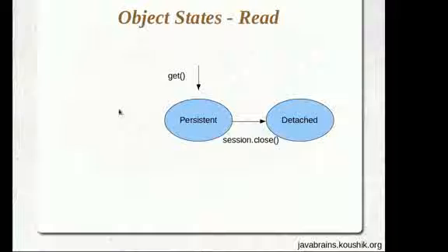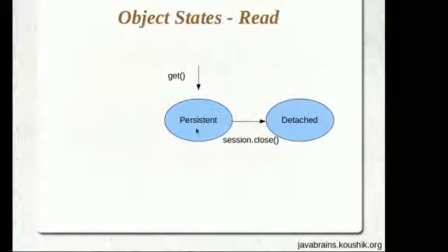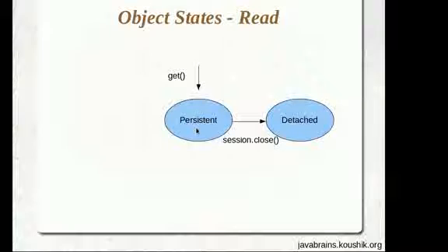There's no transient state here. We can convert this to a transient state. We're going to look at that in a minute, but by default, if you just get the object, it starts off being persistent. Now let's look at update here.